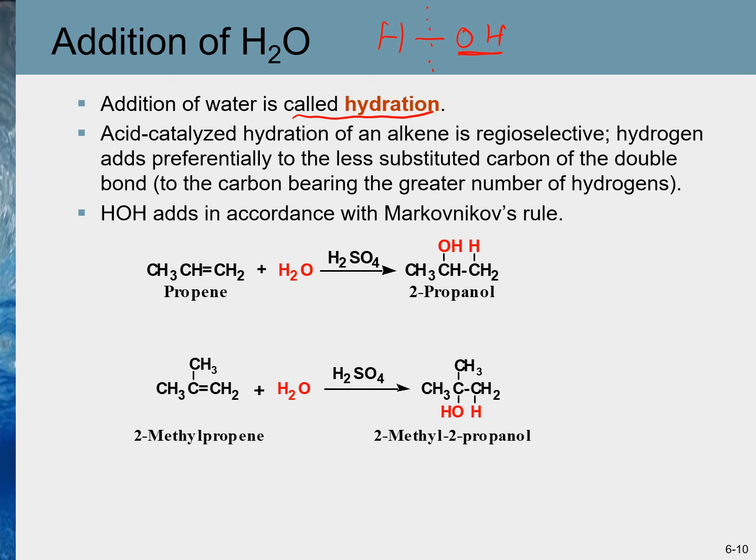Hydration of alkene is an important reaction to produce alcohol. So this reaction is a way to synthesize alcohols. Addition of water is accomplished in presence of an acid catalyst. The most common acid to be used in this reaction is sulfuric acid, but any other acid will also work.